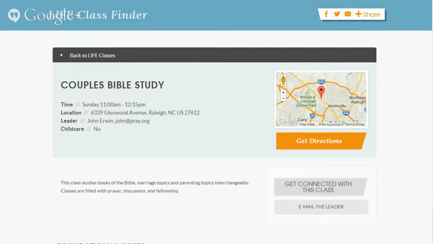So Bo, from a functionality standpoint, what does this feature allow churches to do? Yeah, also just backing up one step, oftentimes life groups or small groups are one of the most important health indicators at a church.